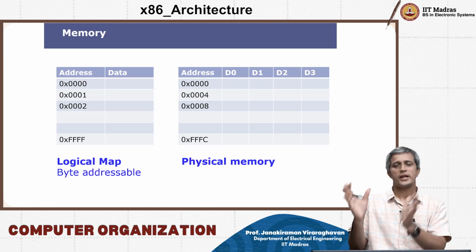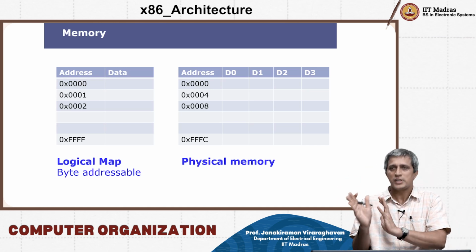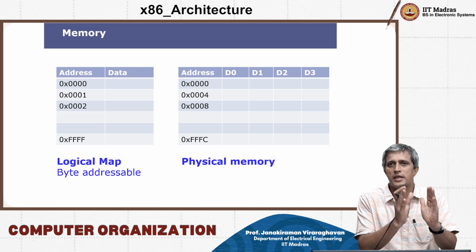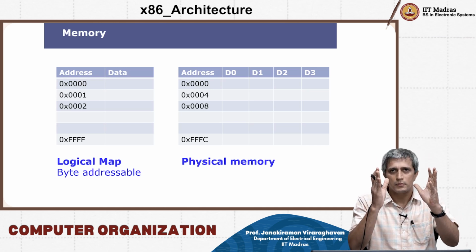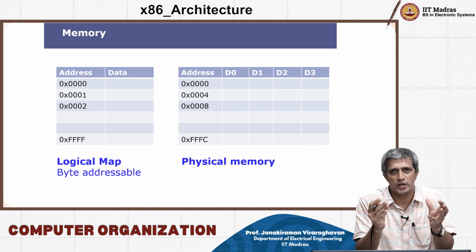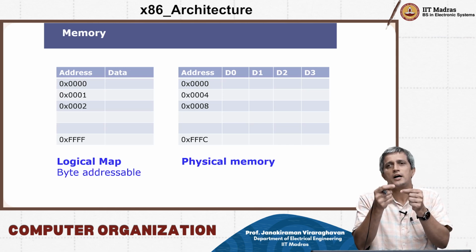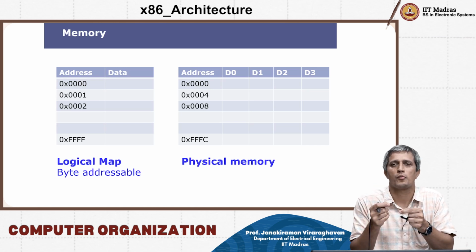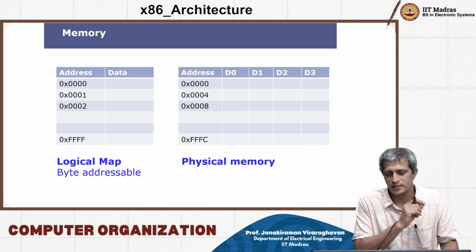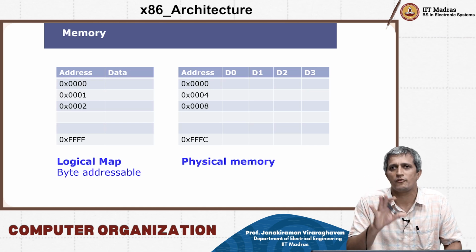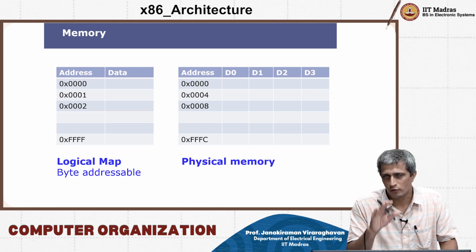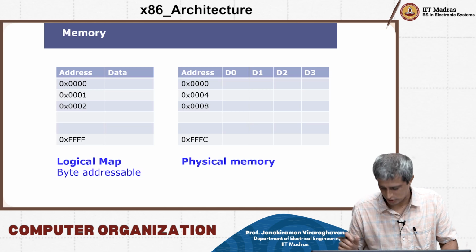So forget about how the memory is physically organized. Just think that you have some m plus 2 bits of address. For every address increment that you do, you will get a new byte of information from the memory, right? This is the picture that we need to keep in mind in order to understand the microprocessor as we go forward.